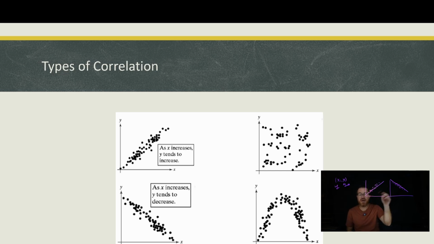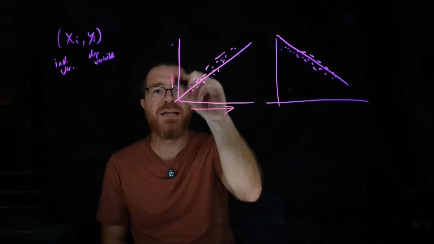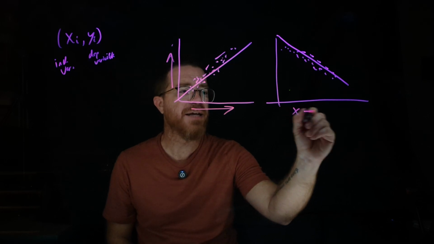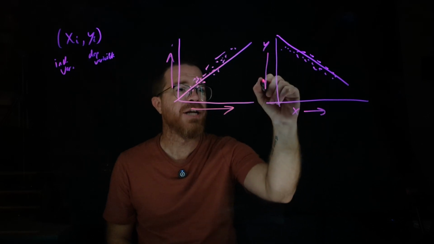While this might represent something like cyclical change, such as the business cycle, or some sort of sine wave relationship, it wouldn't have a linear correlation because there's no way I could cut this with a line to describe how y changes as x changes.